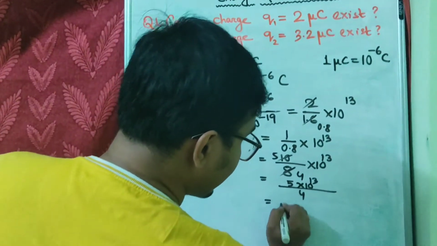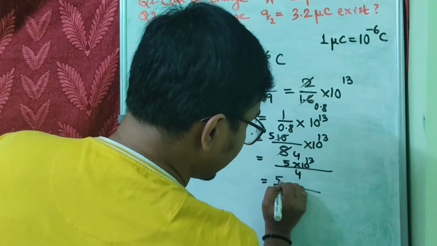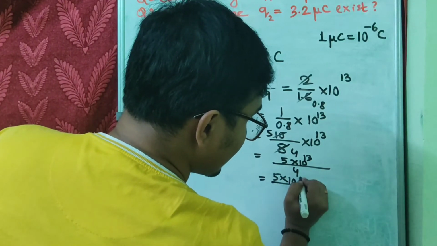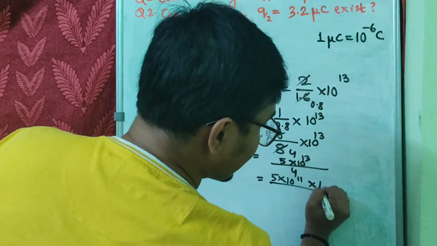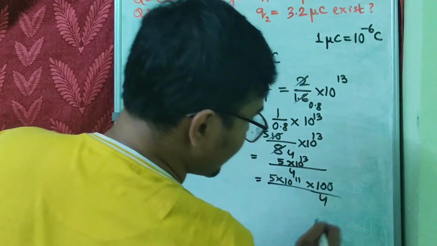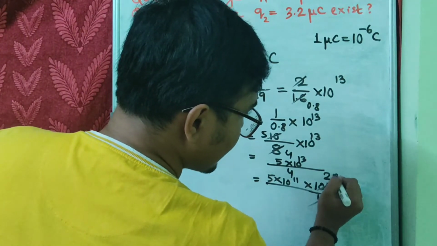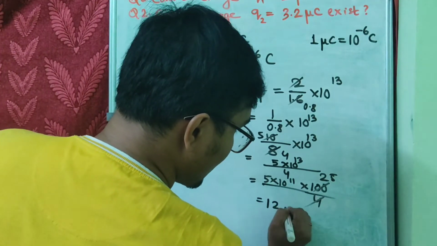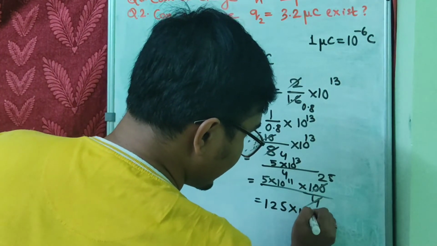From 10 to the power 13, if we take 5 into 10 to the power 11 aside and we take 100 by 4, we get 125 into 10 to the power 11.